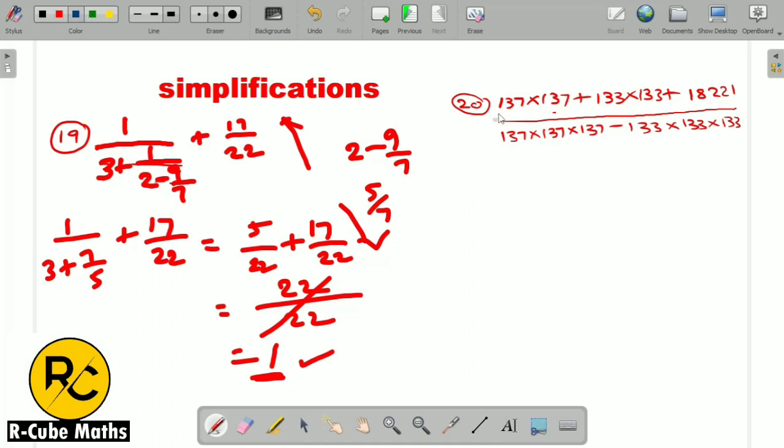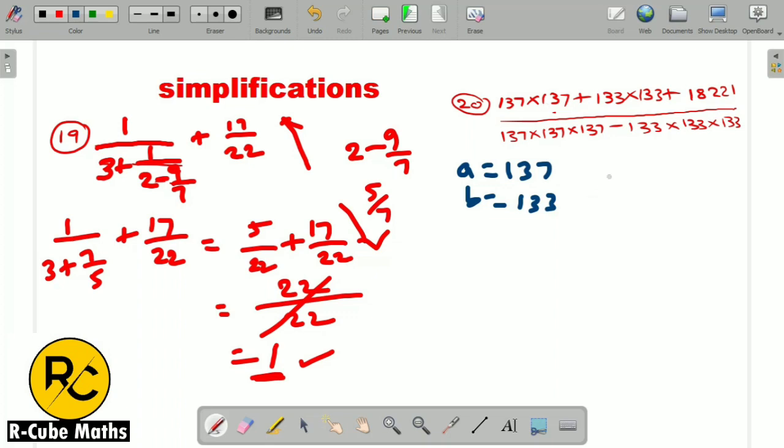Right, observe the next question. Here, 137 into 137 plus 133 into 133 plus 18,221 by 137 into 137 into 137 minus 133 into 133 into 133. Let A be equal to 137 and B equal to 133.